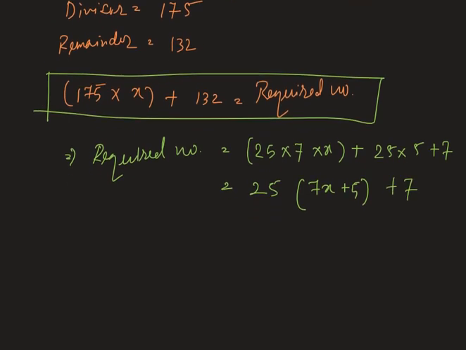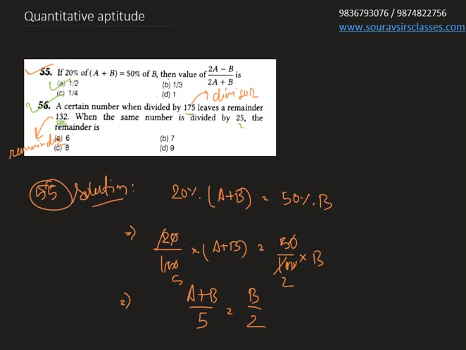So we get our answer. Here 25 is the required divisor, this is the answer, and 7 is the remainder. So if we divide the same number by 25, the remainder is 7.